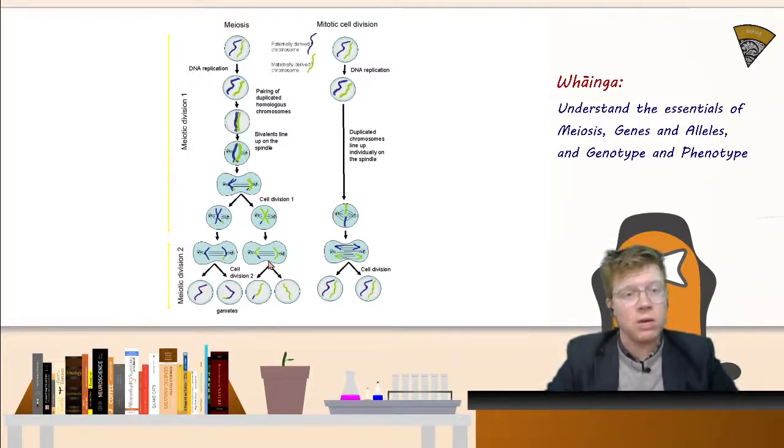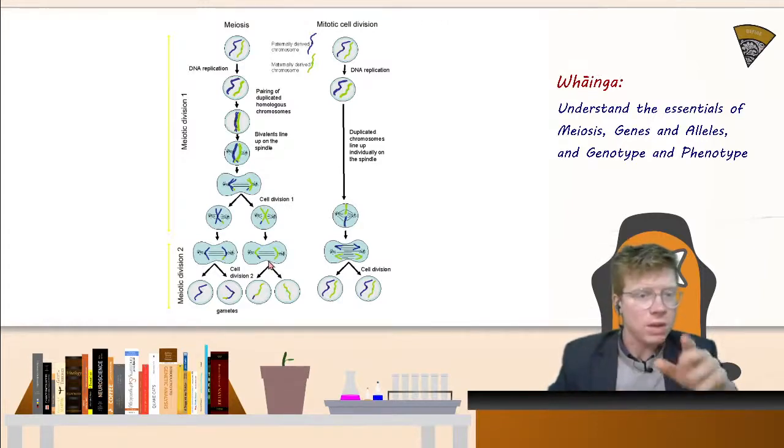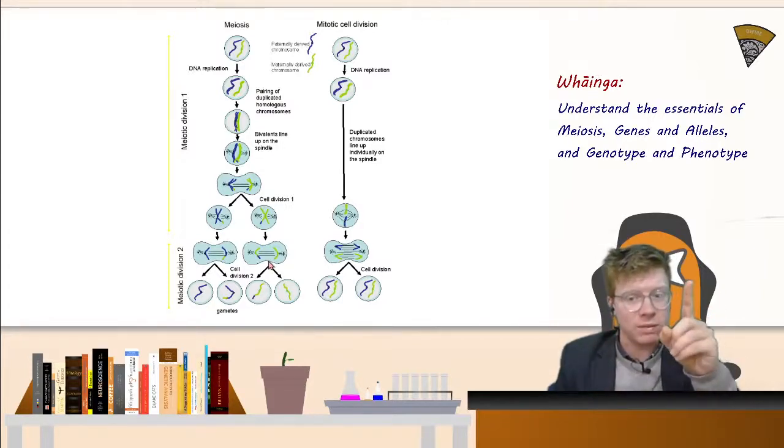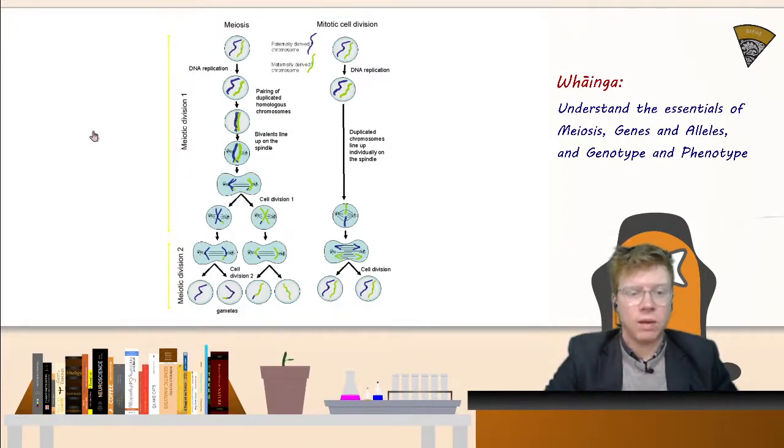In meiosis and mitosis, you both have a doubling of all of the DNA, but during the course of mitosis, you have one diploid cell becoming 2 diploid cells, whereas in meiosis, you have one diploid cell becoming 4 haploid cells. Hopefully that all makes sense so far.